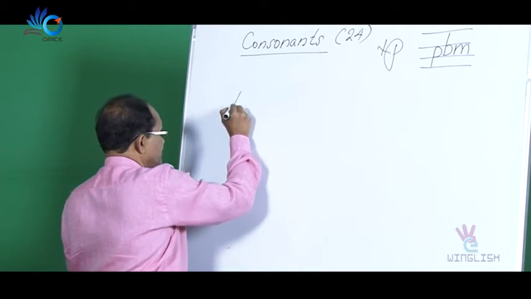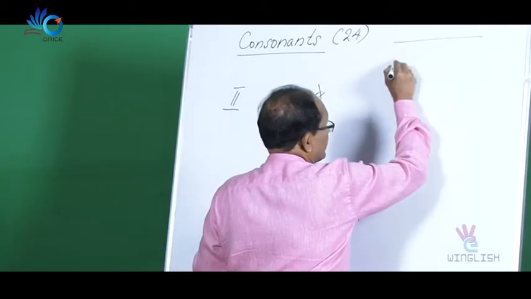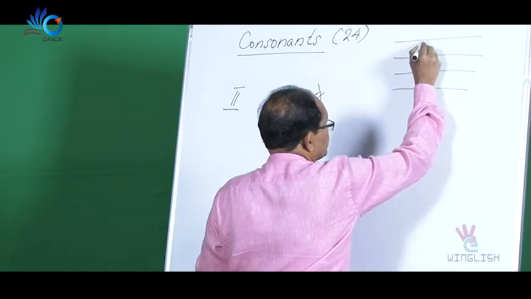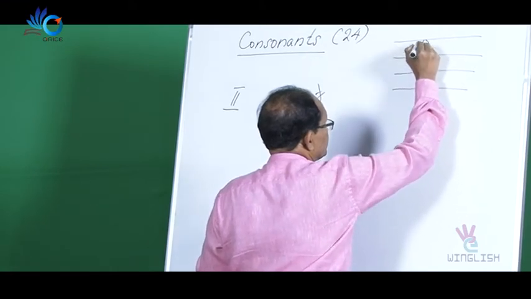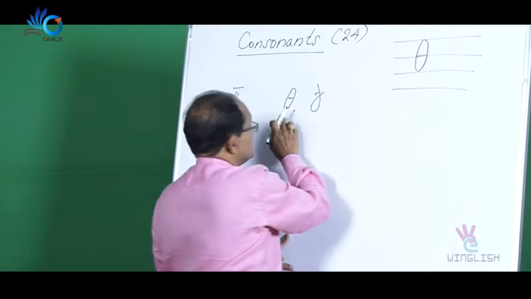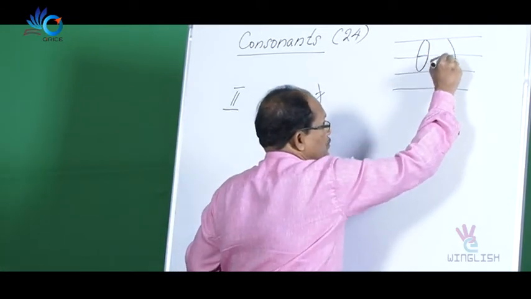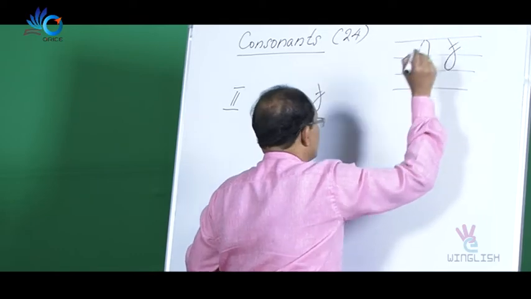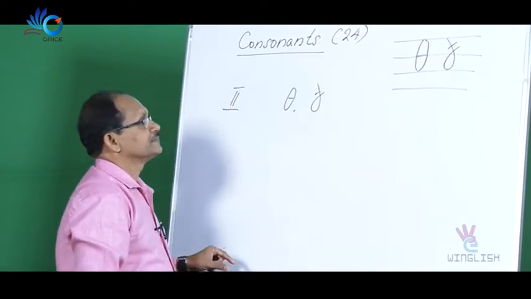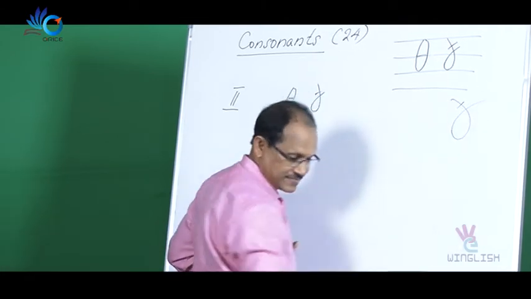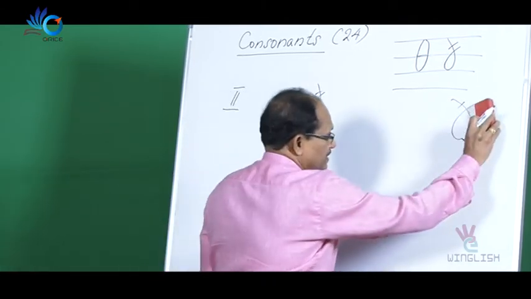Group 2, theta symbol, and this is how you have to write the symbol. At times you may write like this, please check.